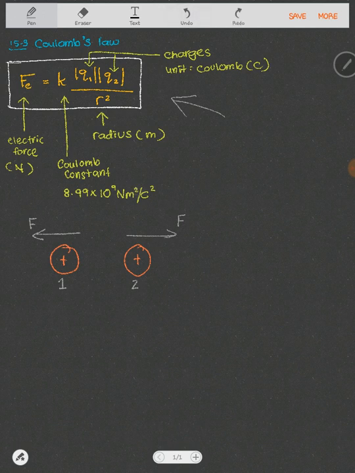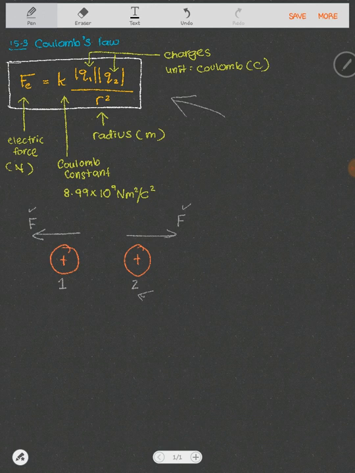Okay, so macam mana kita nak namakan force yang ni dengan force yang ni? Sebab ni force on charge 1, yang ni force on charge 2. So nama pun kita cakap force on charge 1.